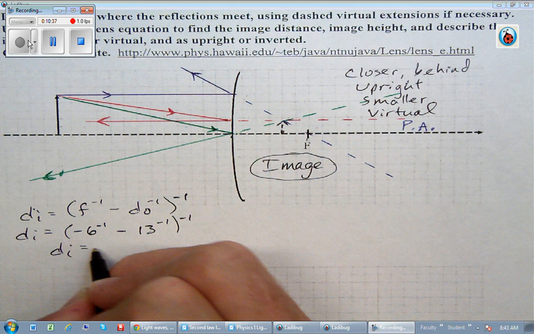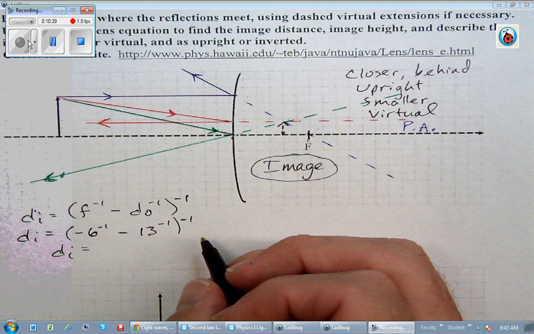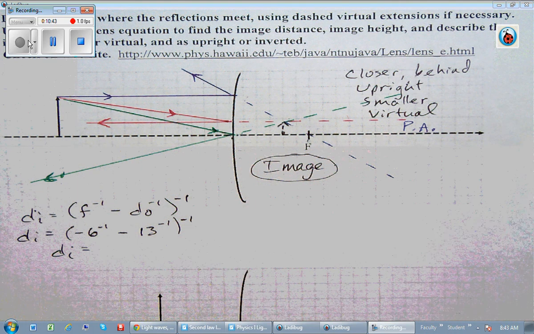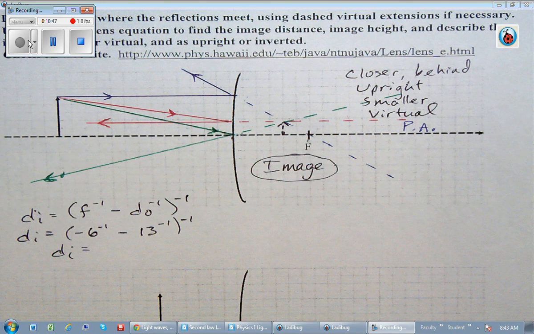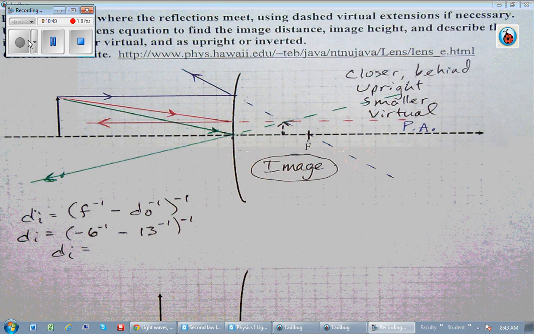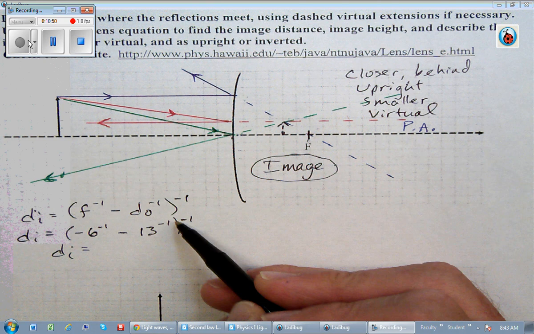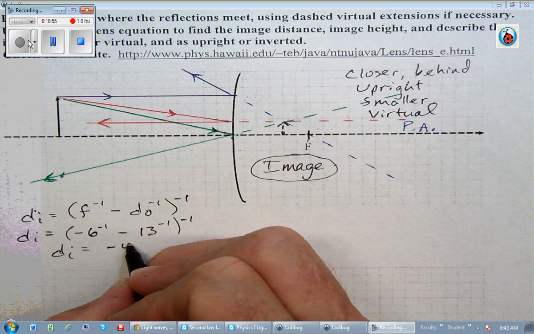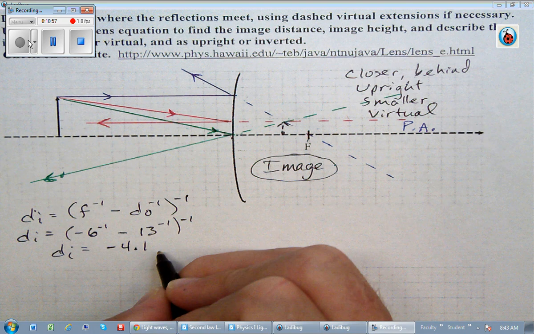And now we do calculator work. I take -6 and invert it. I subtract the inverse of 13. That gives me -0.24. And then I have to invert that. A lot of people forget this last inversion. That's this one here. And I get a -4.1. I'll stop at 2 sig figs and I'll put it in my units here.